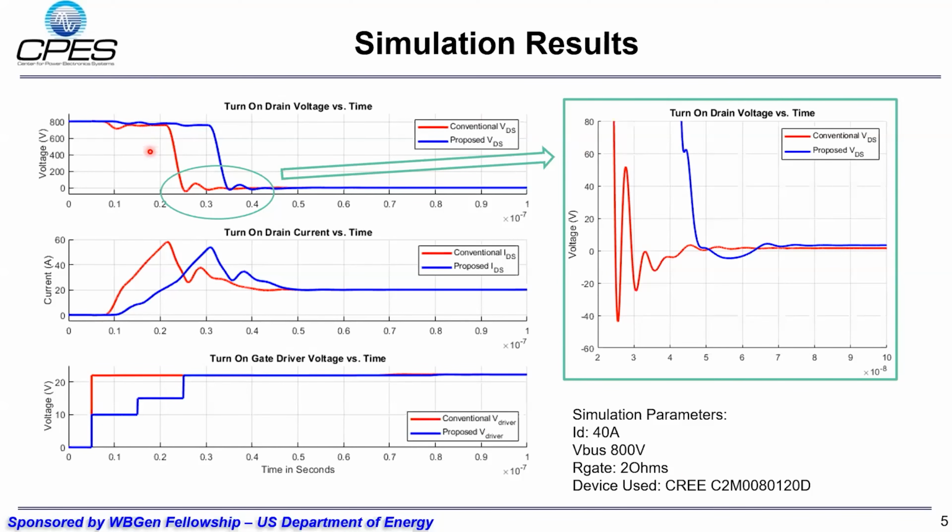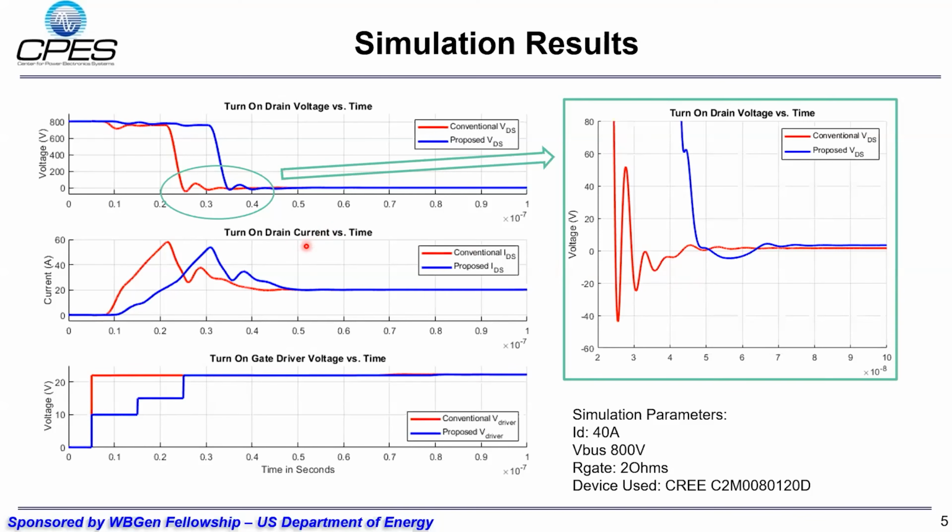First, looking at the drain source voltage for turn on, you can note that the red is the conventional voltage from the conventional gate driver, and the blue is from the proposed gate driver. When we look at this lowest point, you might notice that the conventional driver has an undershoot of almost 42 volts, whereas the proposed is reduced down to almost about 2 volts. This shows a significant reduction in the drain source voltage undershoot during turn on.